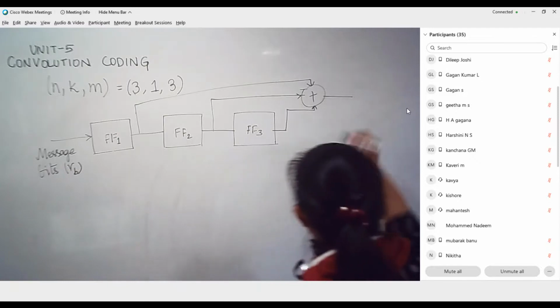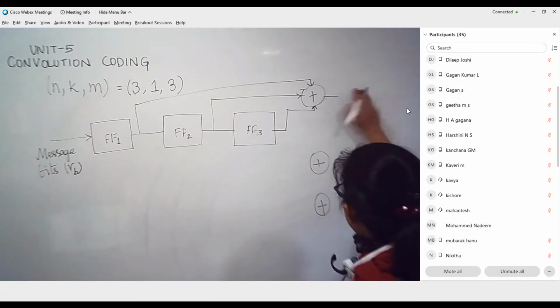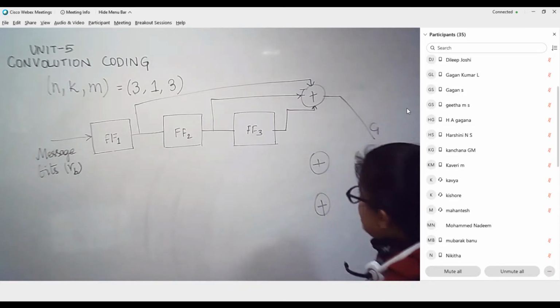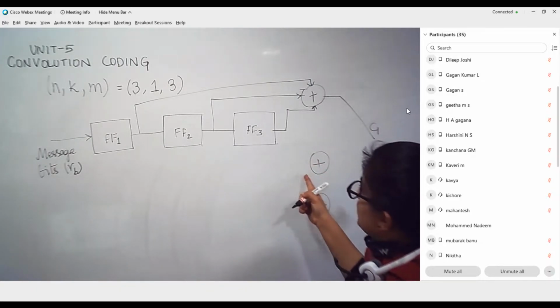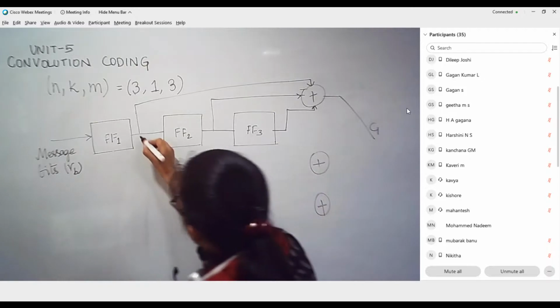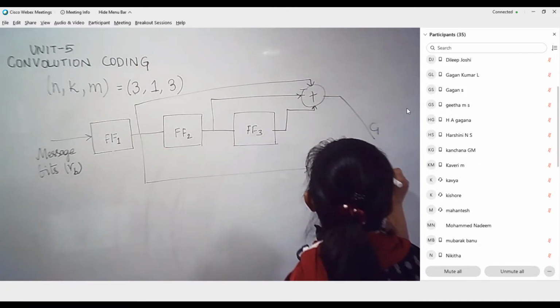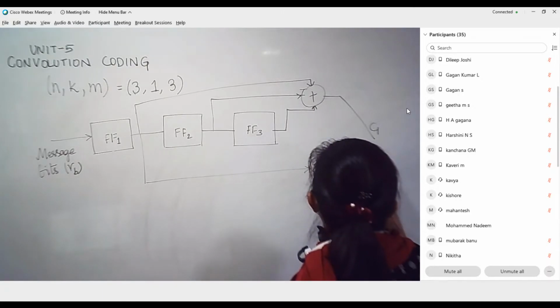This I will call C1, the coded bit C1. I hope you can see this. This is C1. Then this particular one, C2, is just the output of D2, the output of flip-flop 1.